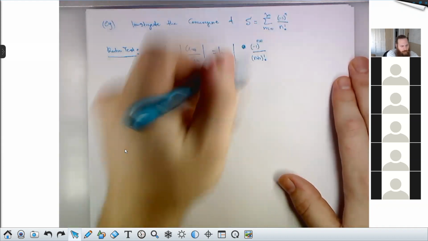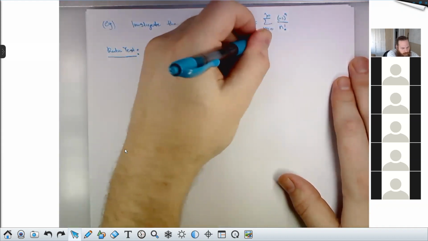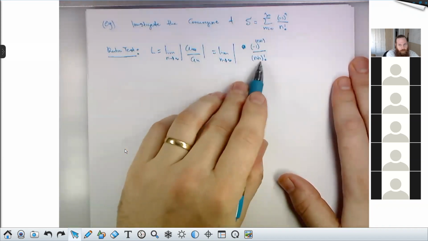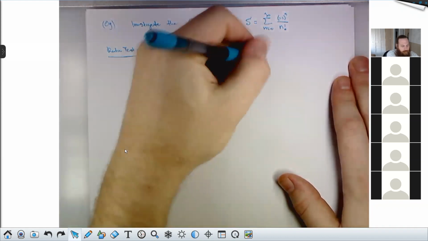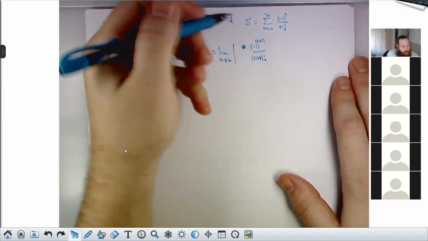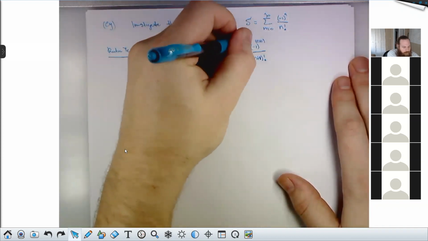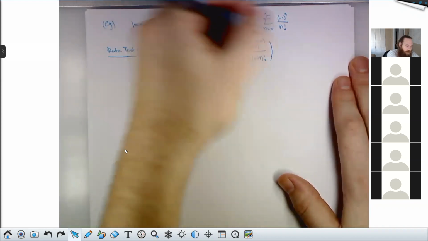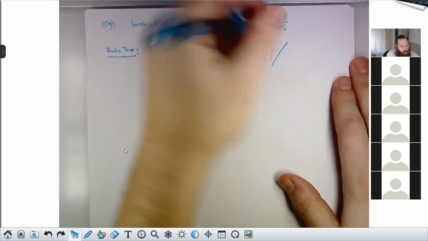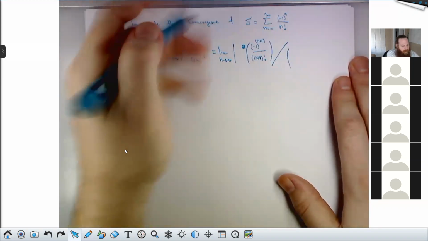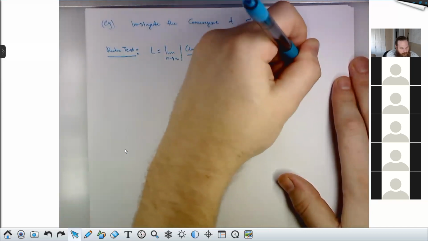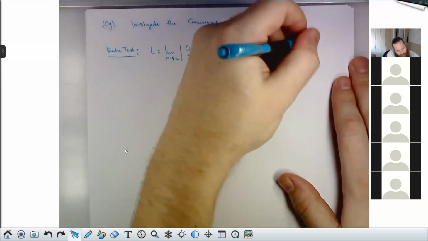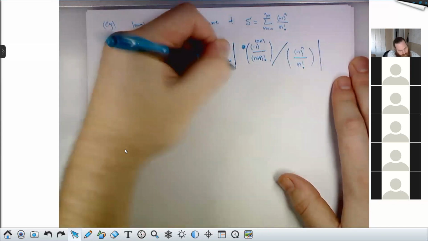And you should do so in parentheses. So having n plus 1 in parentheses and then the factorial is very different than n factorial plus 1. So anytime you're writing down an plus 1, please put the n plus 1 in parens. It will save you some trouble. And then I need to divide by an, which is -1 to the n over n factorial. So this is my ratio test limit.